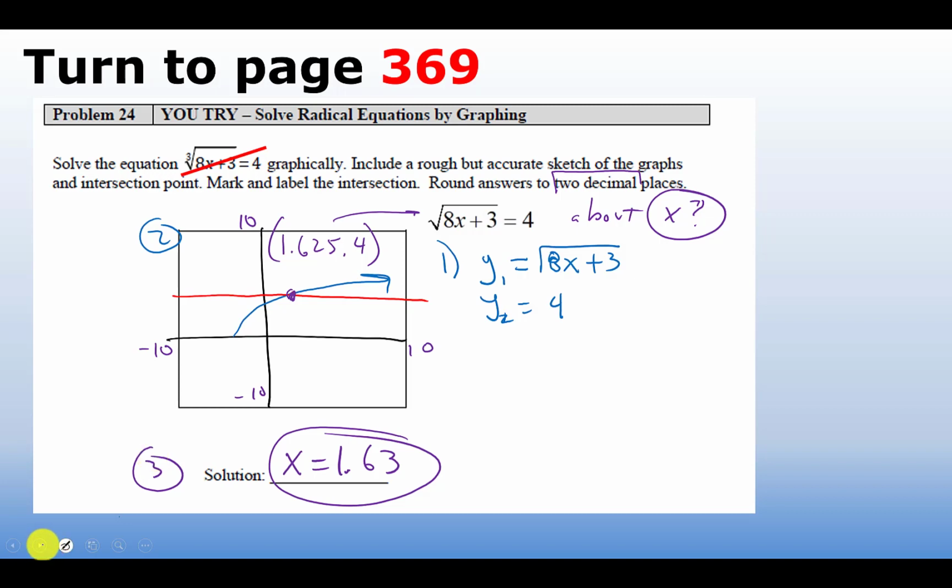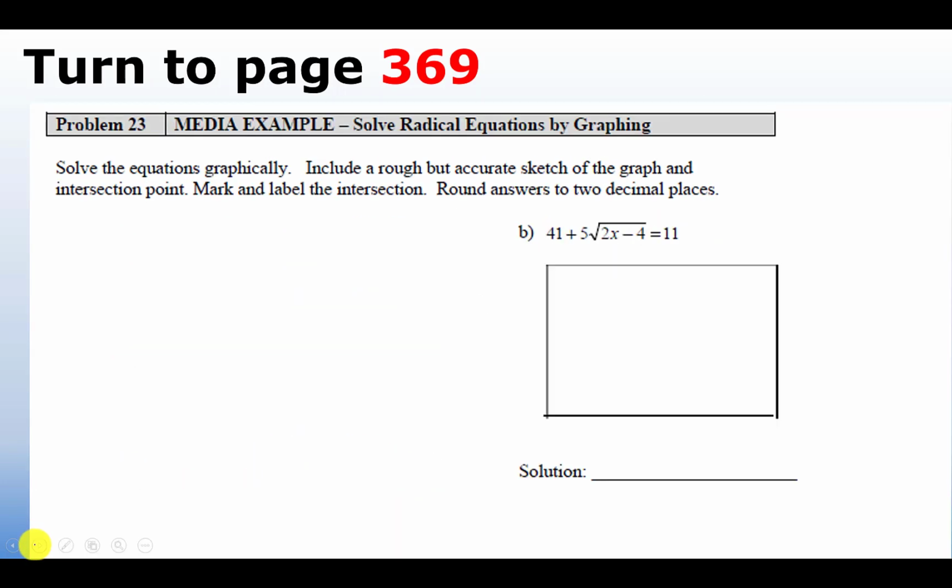All right, let's try another one here. I'm still on page 369, but I'm going to go back up to problem number 23. And I'm basically doing this page backwards. So we did 24, now I'm going to do 23b first. It also is a square root problem, and we're going to solve it by graphing.